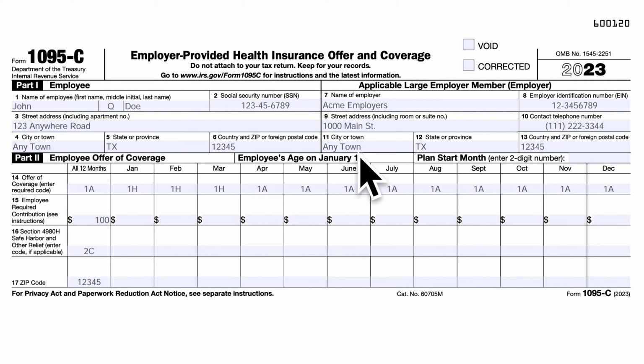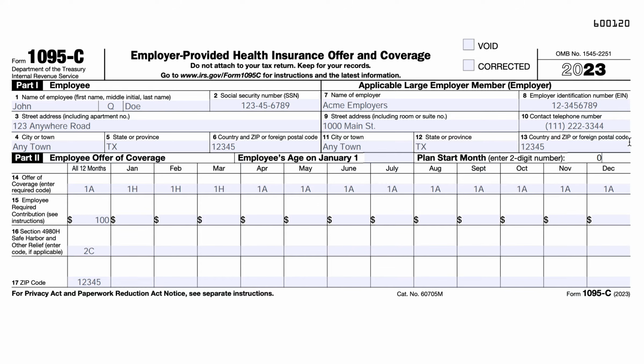The employer is required to put the employee's age as of January 1st in here, followed by the 2-digit number that corresponds to when they started within their plan. So according to this, let's imagine that John Doe was working as an employee, but he wasn't eligible for health care benefits until April.